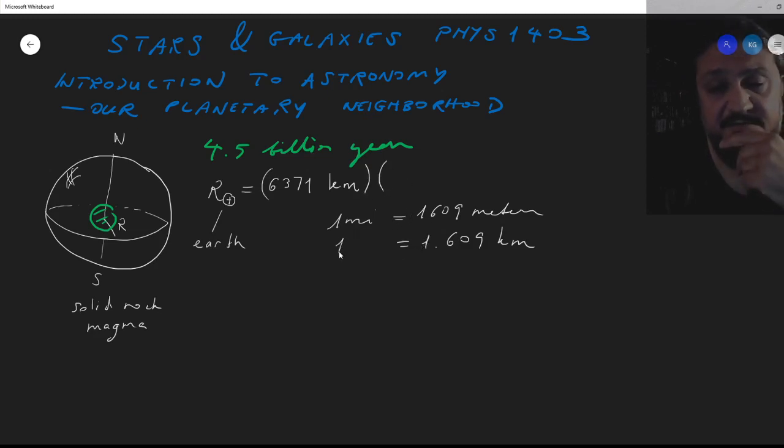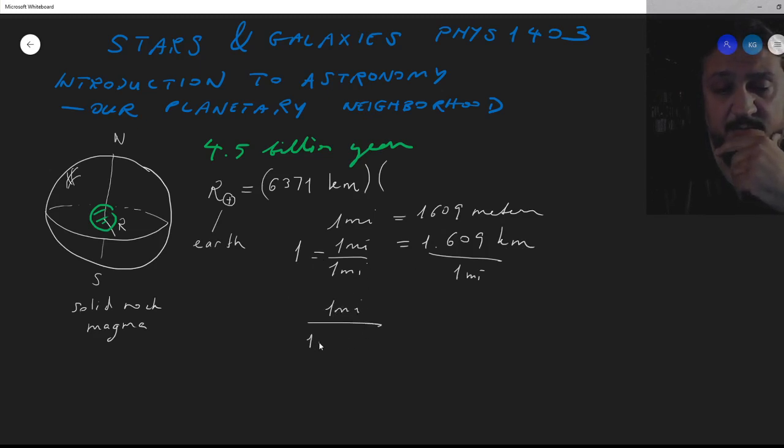What is a conversion factor? You take this equation and you divide both sides by, let's say, 1 mile. Then it will give you 1 here, and this is equal to 1. Or you would divide both sides by 1.609 kilometers.